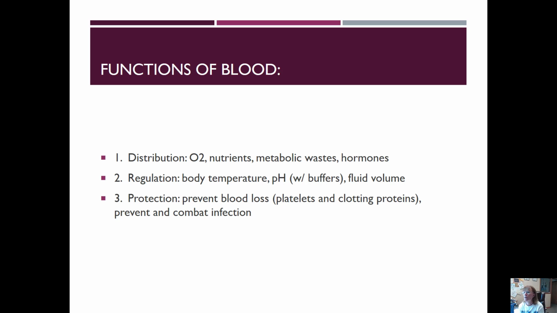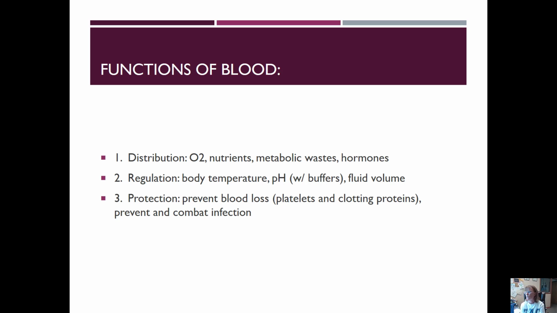And then conversely, if we have a lack of water, then our kidneys will be told to retain that water, and that water will then be put into our extracellular fluid, either the interstitial fluid or into our plasma. So our blood has a very important role in fluid regulation.